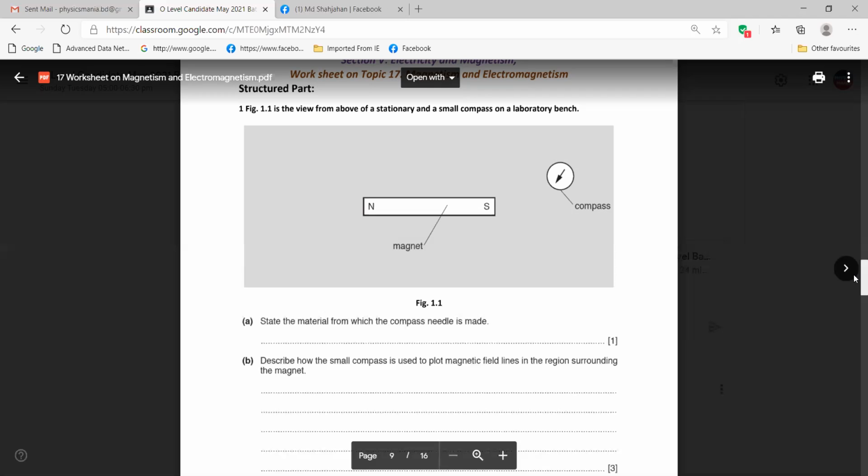Iron is a soft magnetic material, so it should not be a compass needle. Is it clear now? Yes, sir.